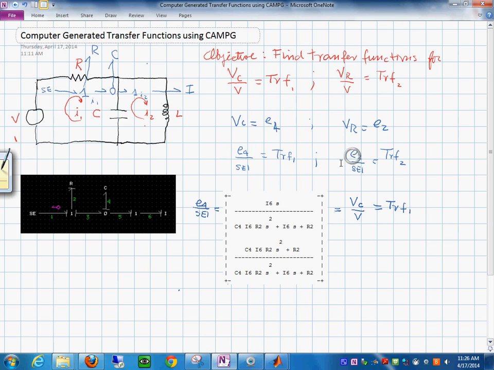The second one is E2 divided by SE1. And this is what we have defined as voltage of the resistor divided by V, as transfer function number 2. Okay?